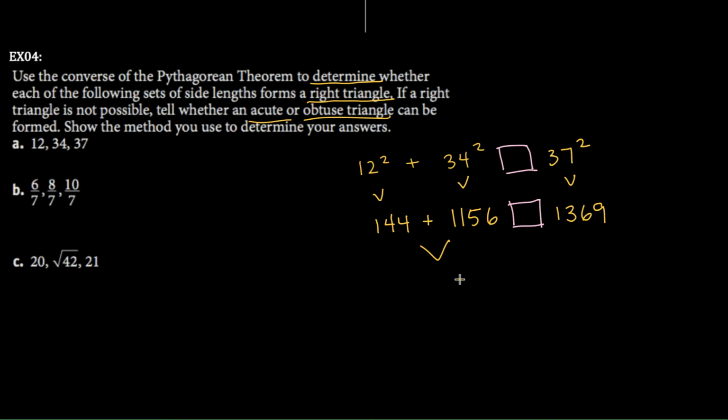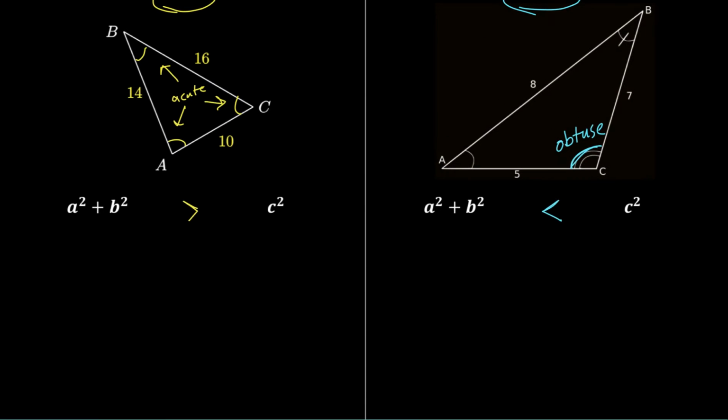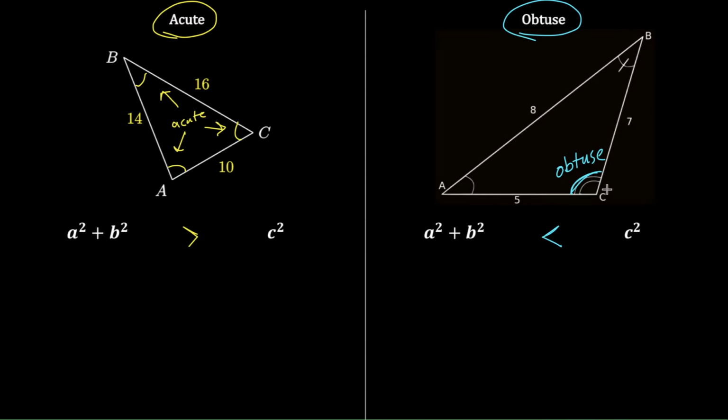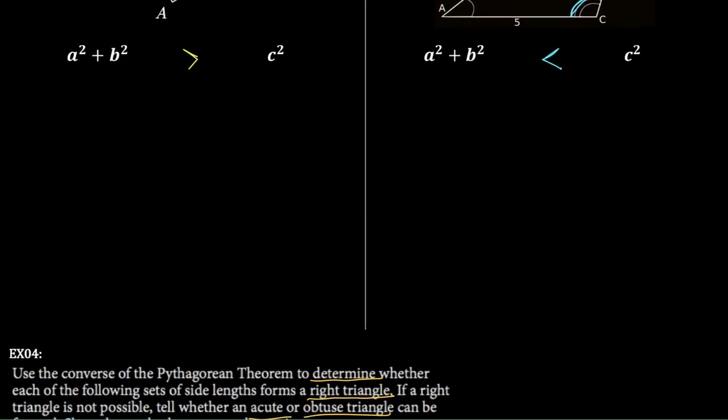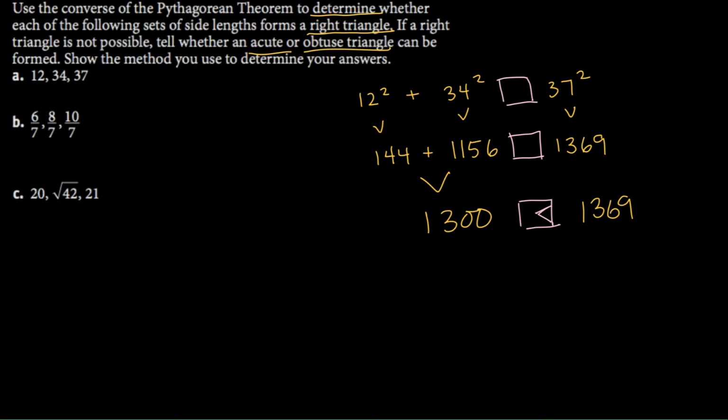So 144 plus 1,156, and I get 1,369. So a squared plus b squared is less than c squared. So this is obtuse.